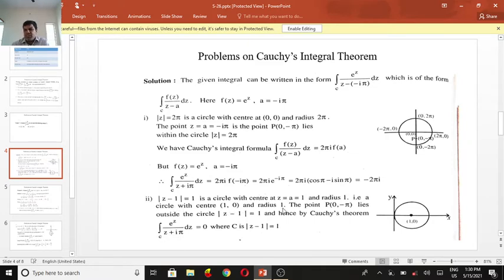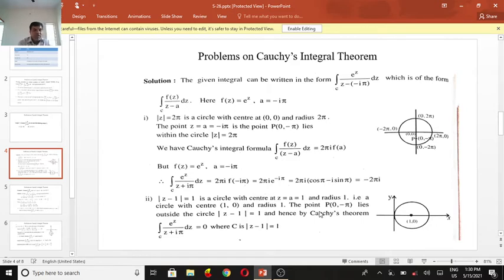The radius is 1. The point P(0, -π) lies outside the circle |z - 1| = 1. Hence by Cauchy's theorem, the integral of e^z by (z + iπ) dz is 0, where C is |z - 1| = 1.